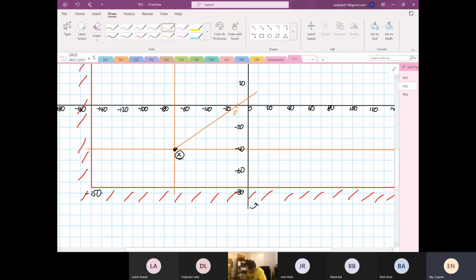We know that this is our stress average, so we need to know this distance first, and I'm going to call it U. Once we know U, we can find the stress average.